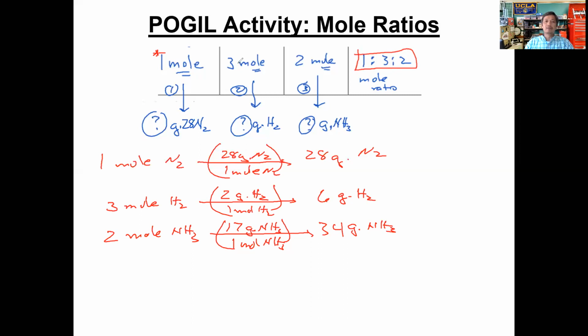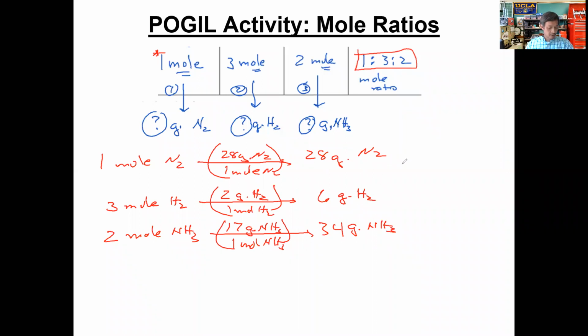Okay, if we started out with 3 moles of hydrogen, the equivalent mass would be 6 grams. Let me go ahead and erase these here. We already have that. Sorry. Okay. 6 grams of hydrogen, and then for ammonia we have 34.